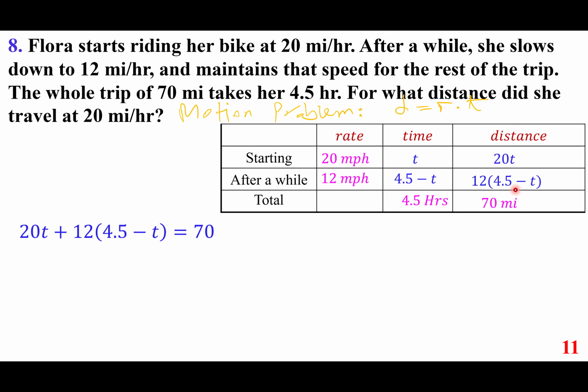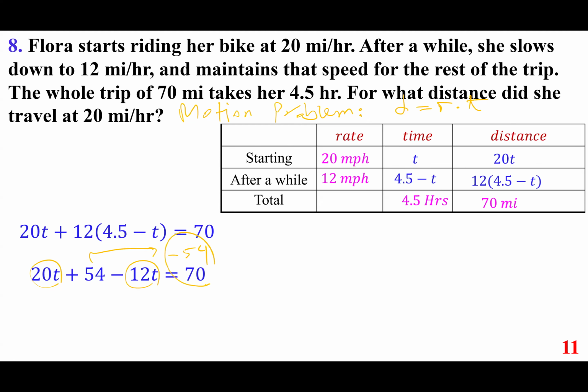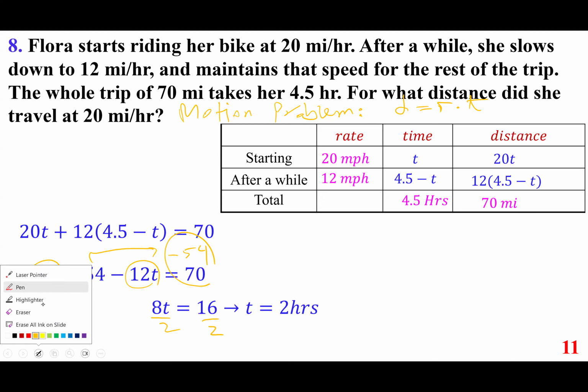And so 20t, 12 times 4.5 is 54 minus 12t. These two add up to 8t. Subtract 54 from 70. 16 divided by 8, you get 2 hours.